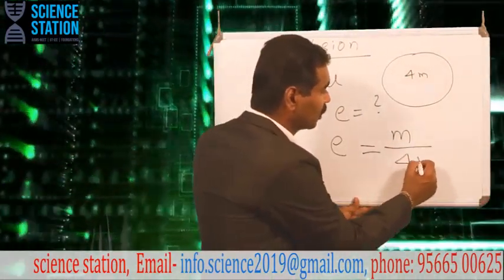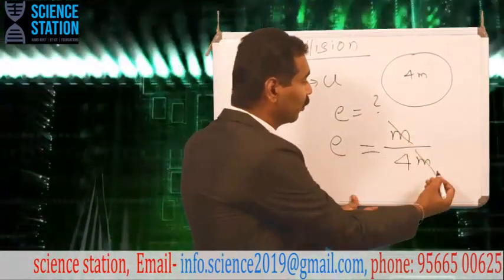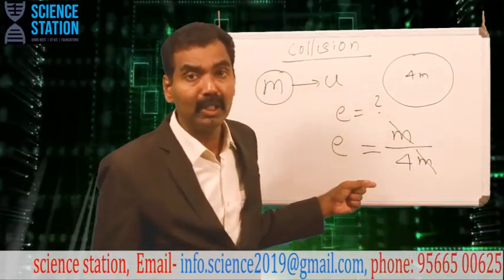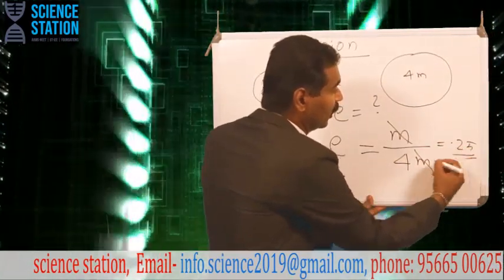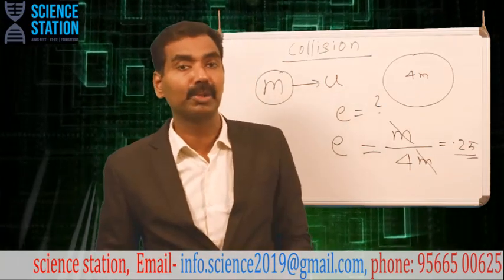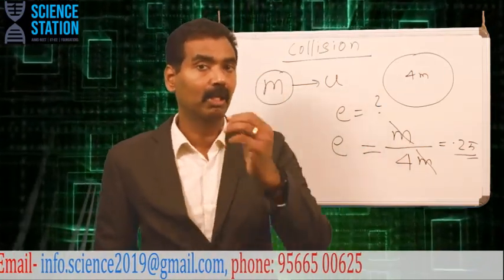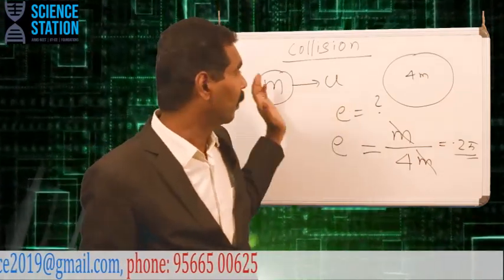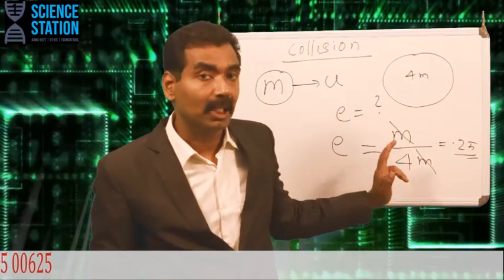The target body has mass 4m and the colliding body has mass m. Cancelling out, you get 1 by 4, which equals 0.25. The coefficient of restitution in this case is the mass of the colliding body divided by the mass of the target body.